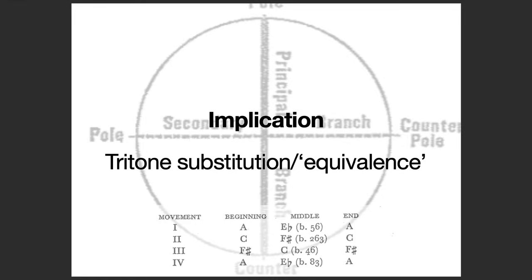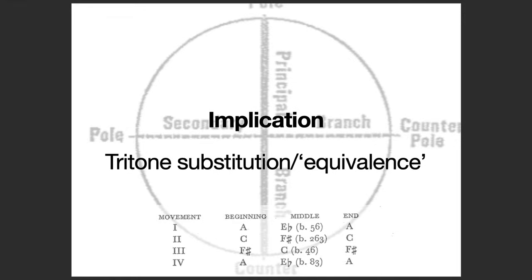And as you can see with these keys here, the middle sections of each of these movements is a tritone apart, and the movements represent 3 of the 4 minor third relationships. In essence, you see the axis all over these key implications.